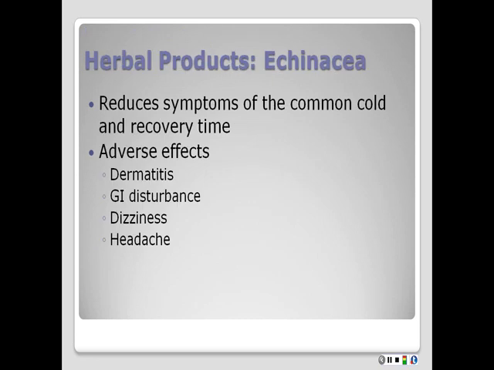And then just briefly, your book talked about a couple of herbal products. So echinacea is believed to have an immune stimulant effect, so it's used to help reduce symptoms of the common cold and reduces recovery time. Adverse effects include dermatitis, GI disturbances, dizziness, and headache. There is also information in your book, I think it's page 577, on golden seal.